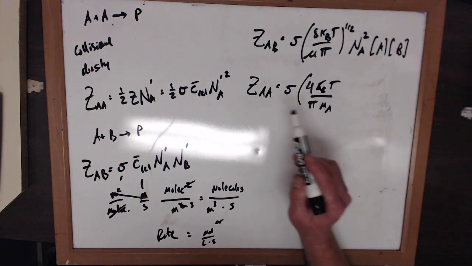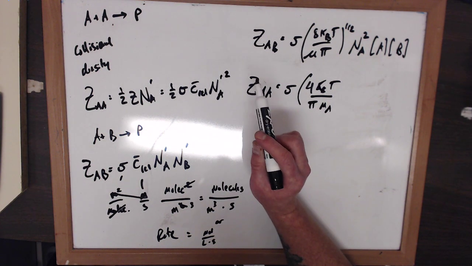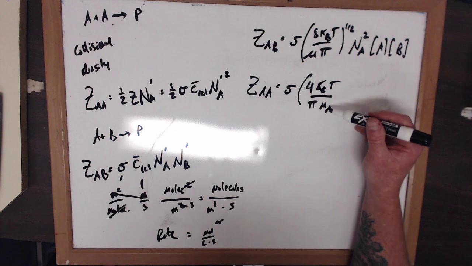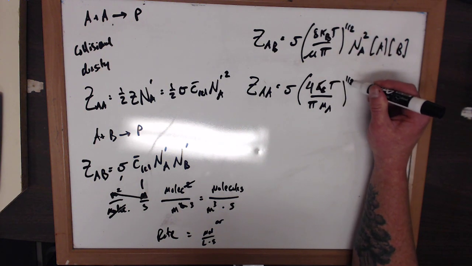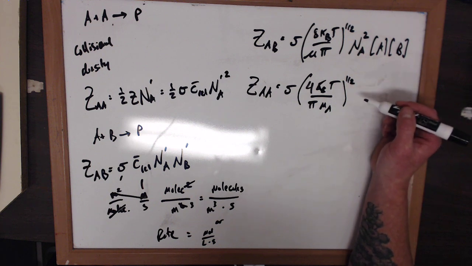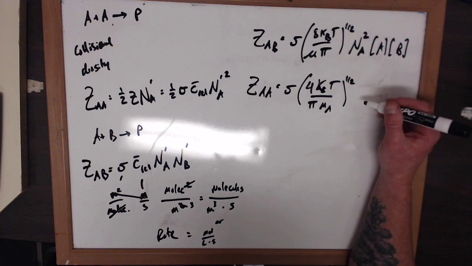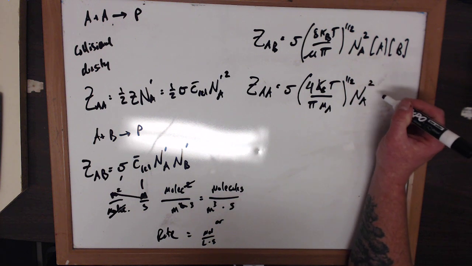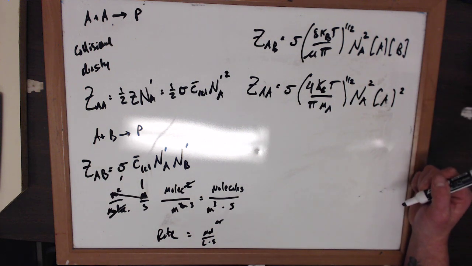So recall I had a 1/2 here, and I also have a 1/2 in my mass for A. So that's where this becomes from 8 to 4, all square root. Check that algebra if you need to. Pause the video if you have to work out the algebra. And then that's all still Avogadro's number squared, but now that's all times A squared.